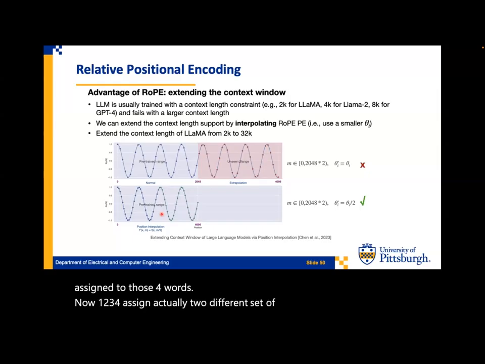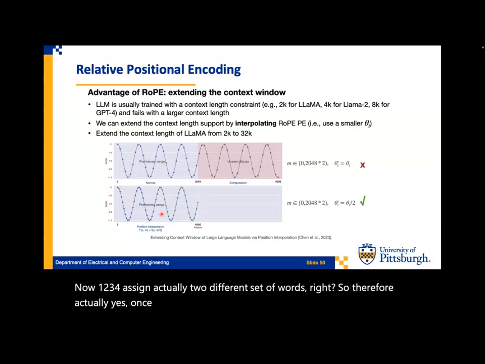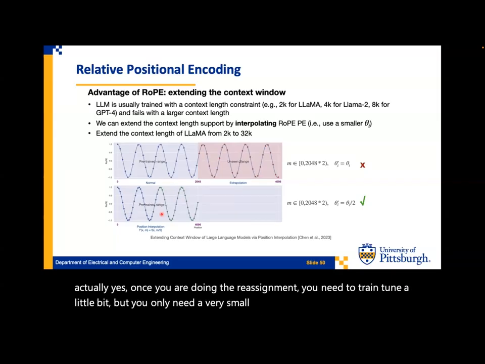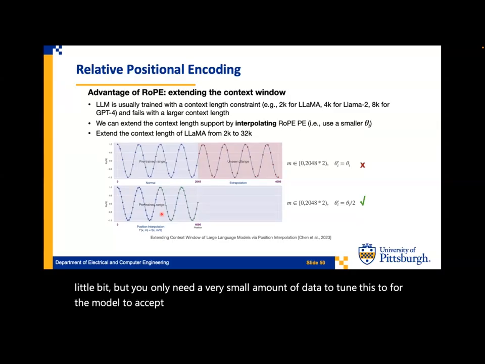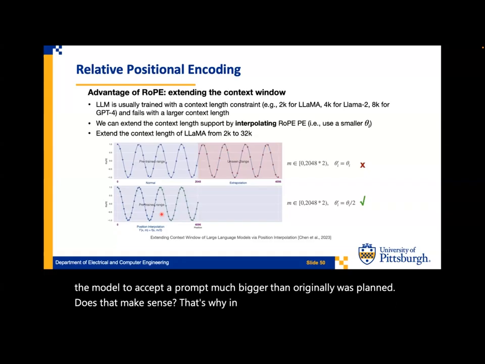So yes, once you do the reassignment, you need to tune a little bit, but you only need a very small amount of data to tune the model to accept a prompt much bigger than originally planned. Does that make sense? That's why Llama now uses this rotational position encoding.